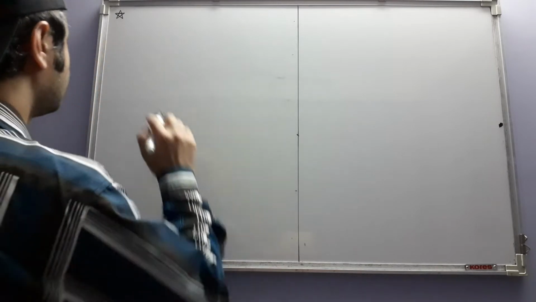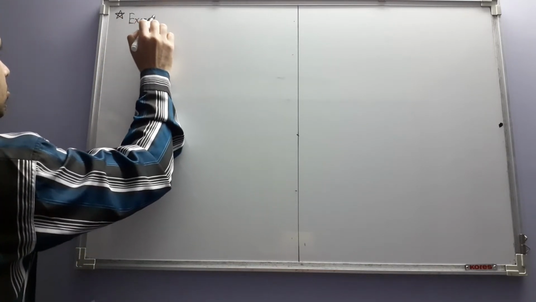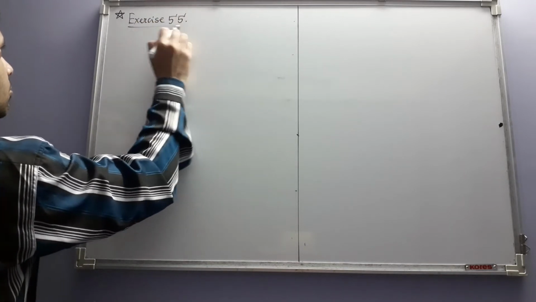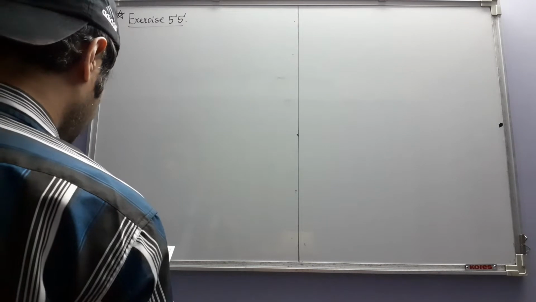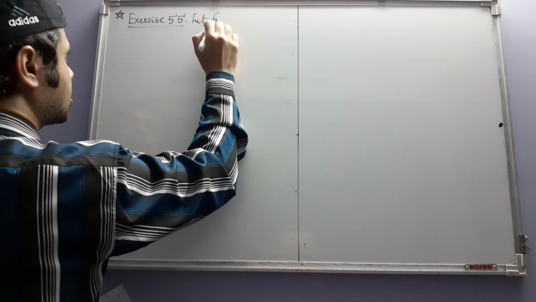Okay, next exercise 55. Let G be the symmetry group of a circle.